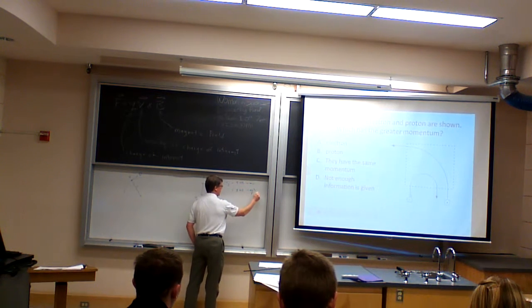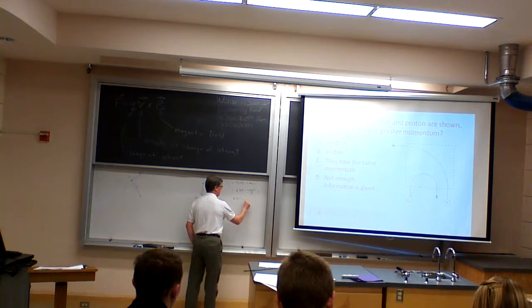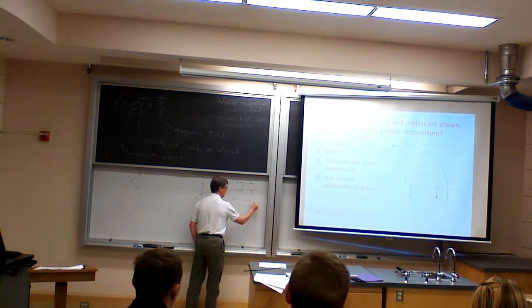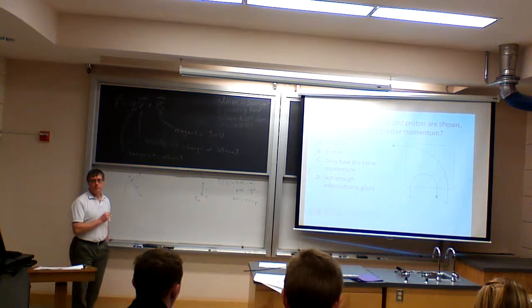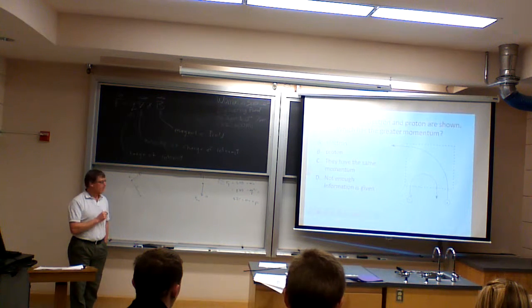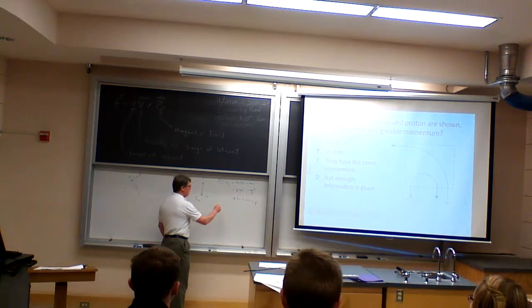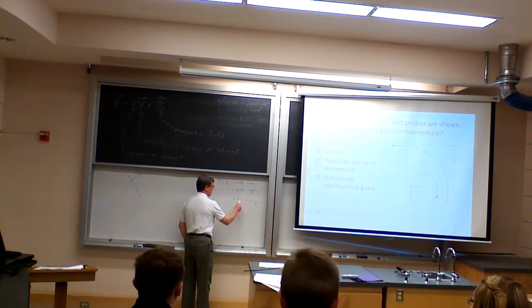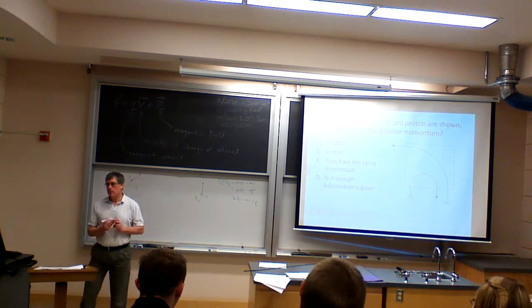Multiply both sides by R. And we get QBR equals M times v, equal to P. So what does this tell us? It tells us for a given charge in magnetic field that the radius is proportional to the momentum.